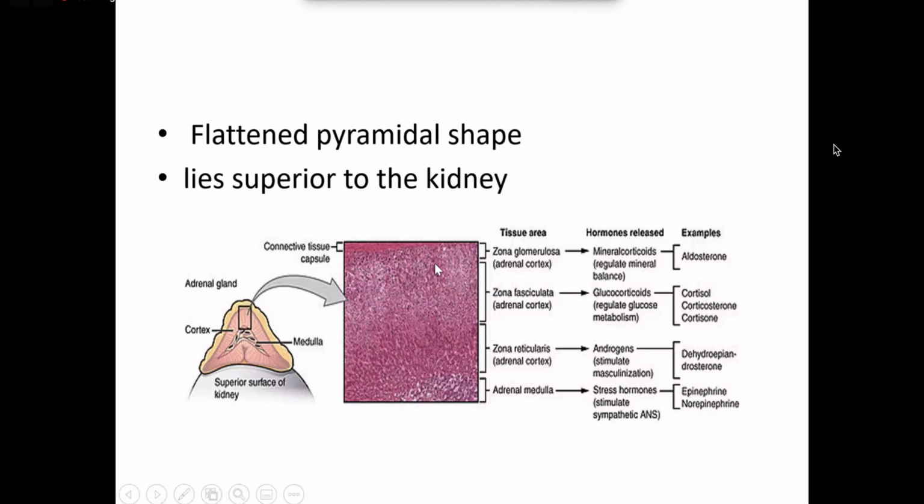And each zone of the cortex secretes different hormones. So zona glomerulosa secretes aldosterone, fasciculata secretes cortisol, reticularis secretes mainly androgen. The other histological part of the adrenal gland is the medulla, and it secretes the catecholamines.